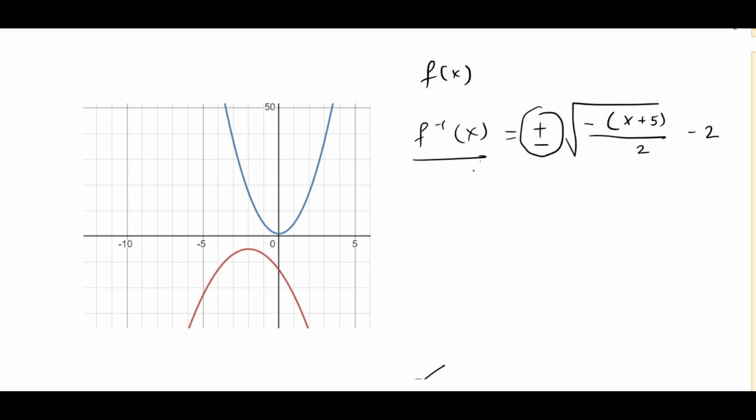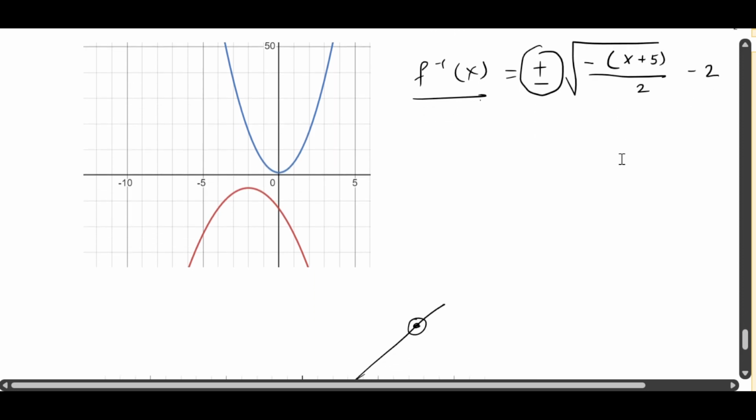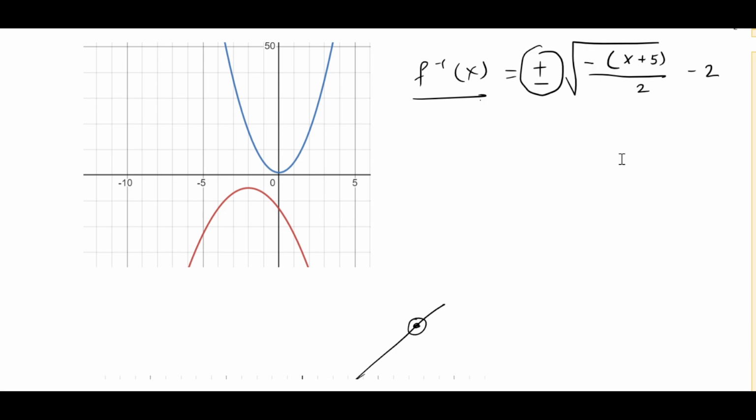So this f inverse x, if I take the positive and then -2, now this part is really getting confusing. When my function is in the third quadrant, my inverse should be in the first quadrant. Third, it should be in the first, and in the first, that means it should be positive.